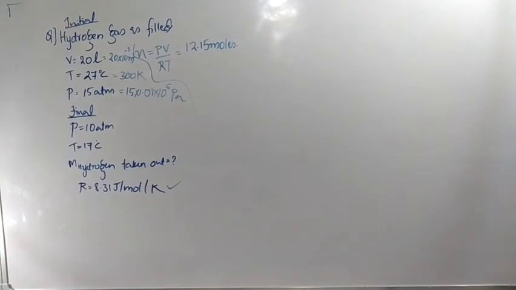So P value 15.15 you will be getting over there, into 20 divided by 8.31 divided by 300. Somewhere you are going to get how much?